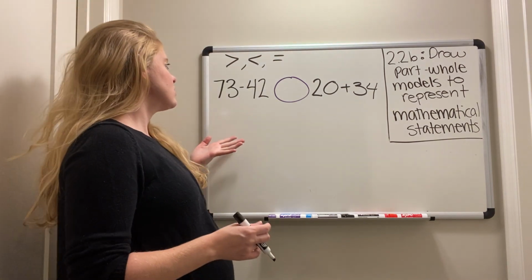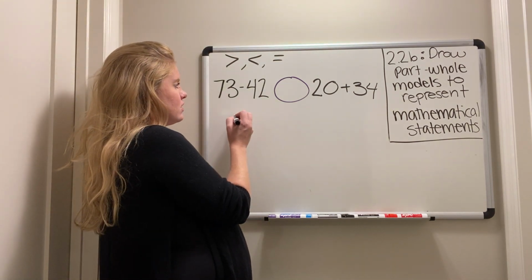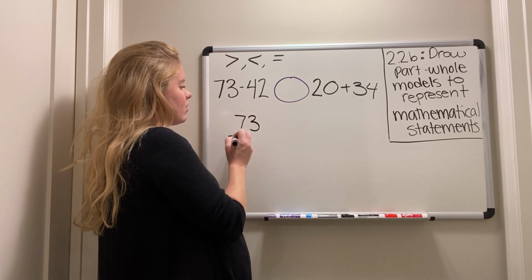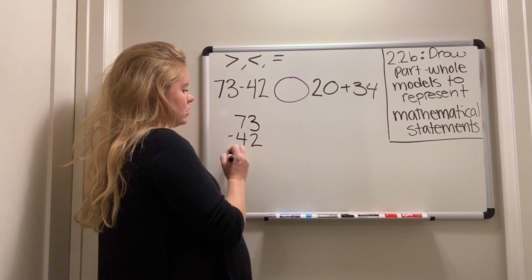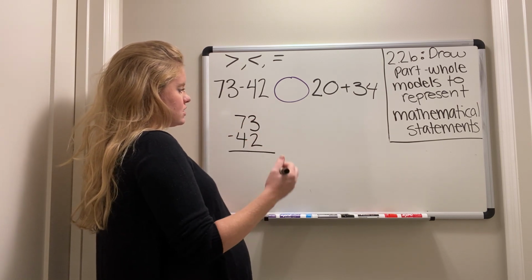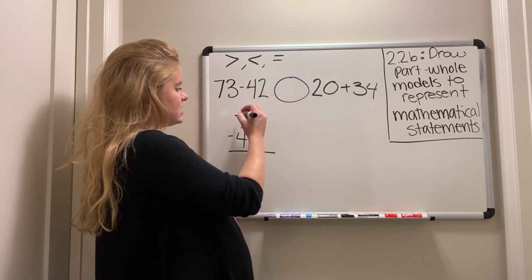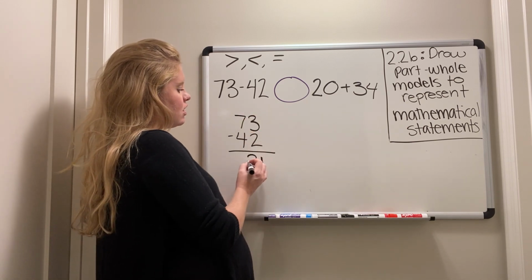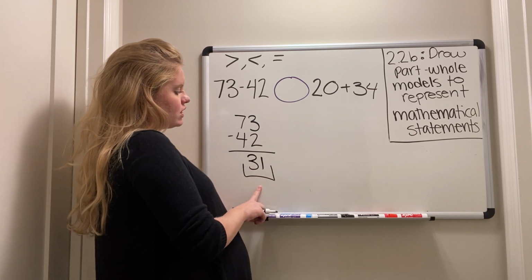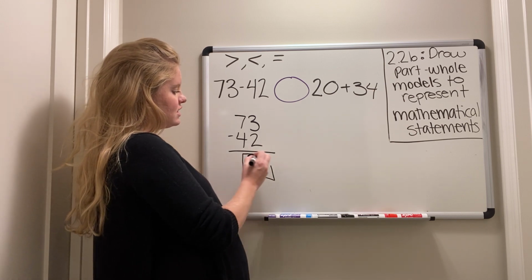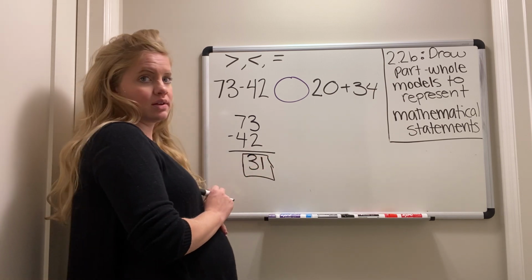So let's solve these quickly using the standard algorithm. 73 minus 42. 3 minus 2 is 1. 70 minus 40 is 30. So our answer over here is 31. This is the number we're comparing.